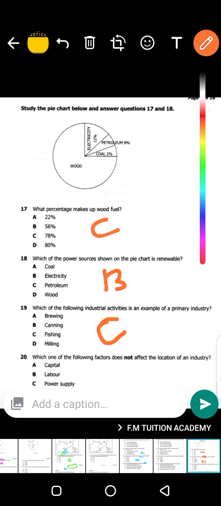Okay, all these others deal with machines, such as brewing, canning, milling. But for fishery, you don't use machines, you just go to fish. It's primary.